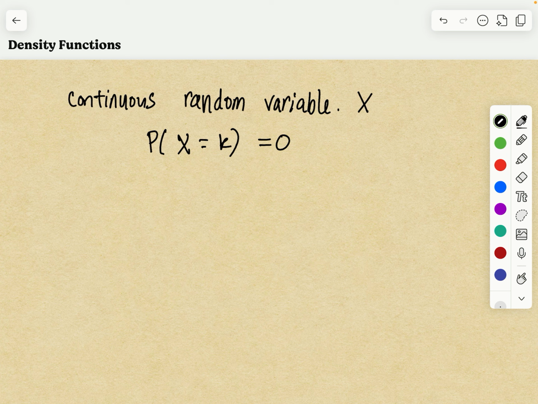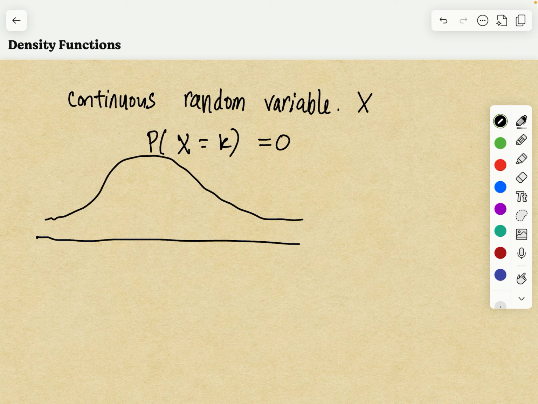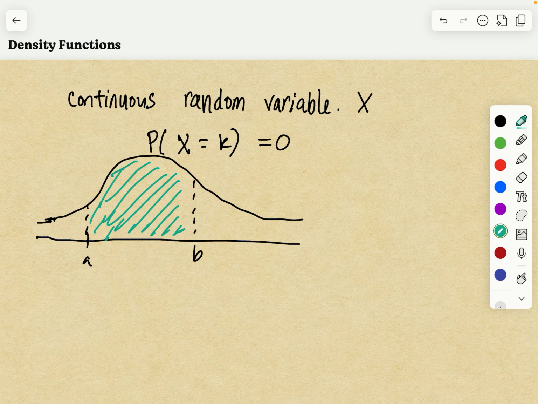Because you think of the random variable x as taking possible real numbers, and so now instead of a probability of x equals k, you have the probability that x is between a and b, which could be represented by the area under this curve.